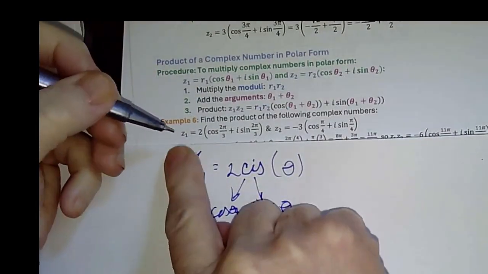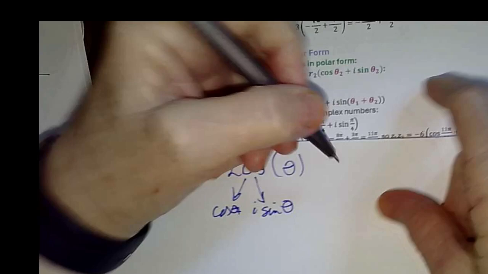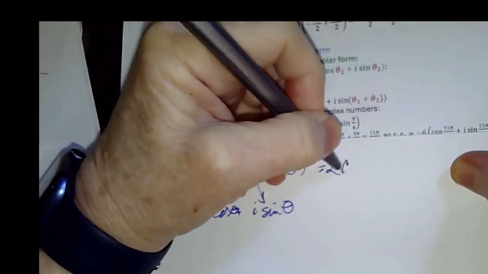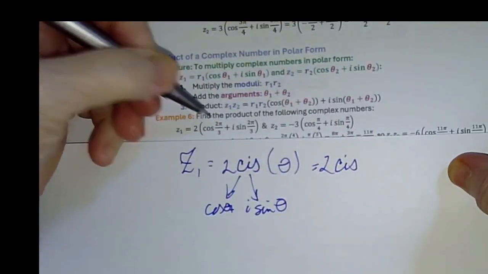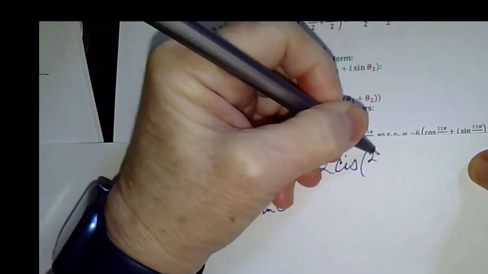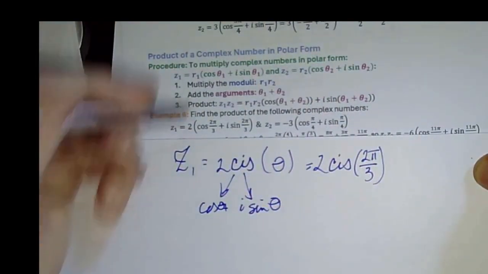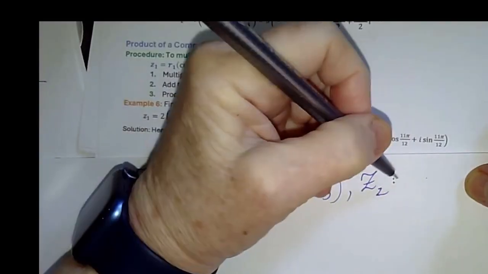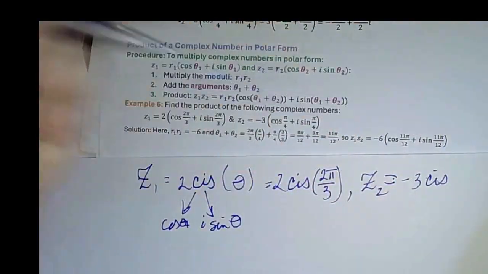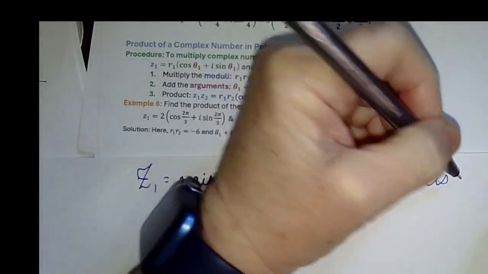We've got 2 cis 2 pi over 3 and z2 is -3 cis pi over 4.